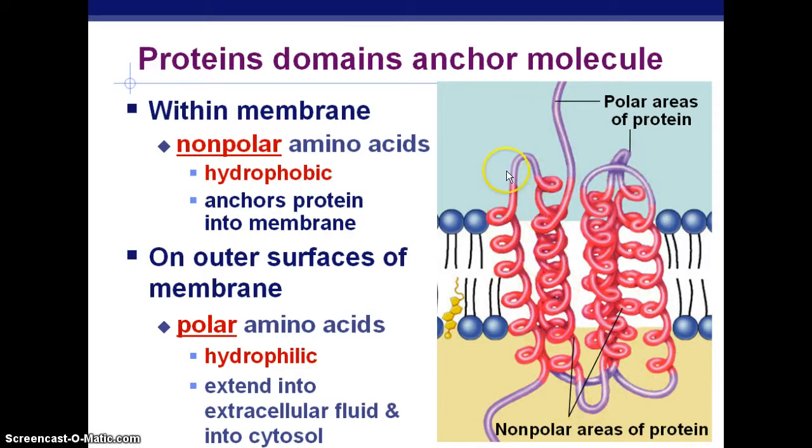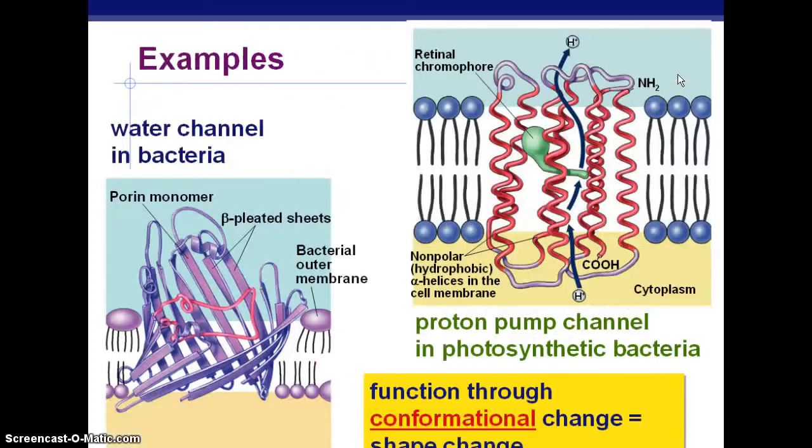The dark purple section on the outside and inside is going to be polar, and the red section on the interior of the membrane is going to be nonpolar, which means that we've got a hydrophilic region, hydrophobic region, and hydrophilic region again to create a barrier and maintain that barrier established by the phospholipids.